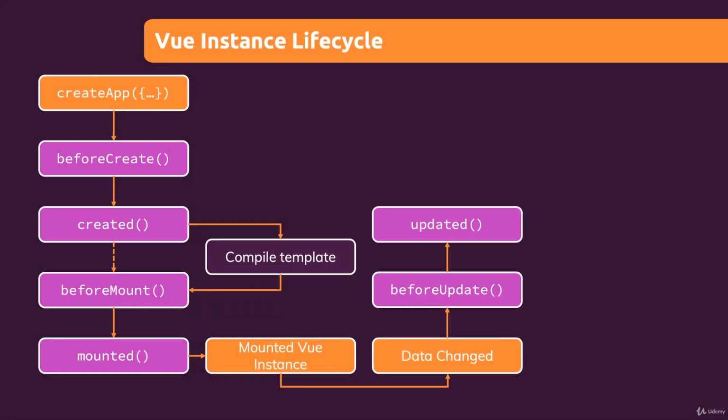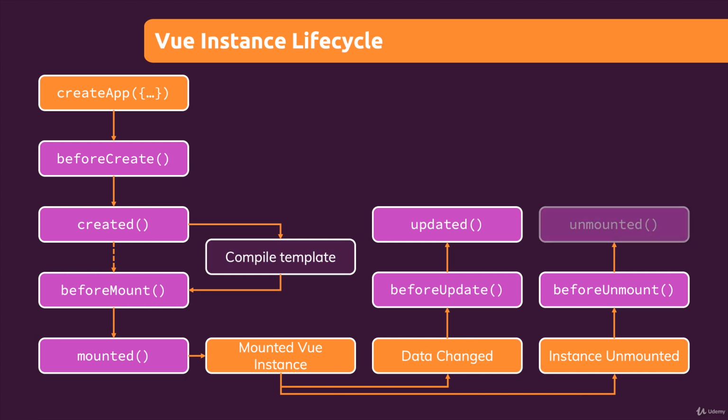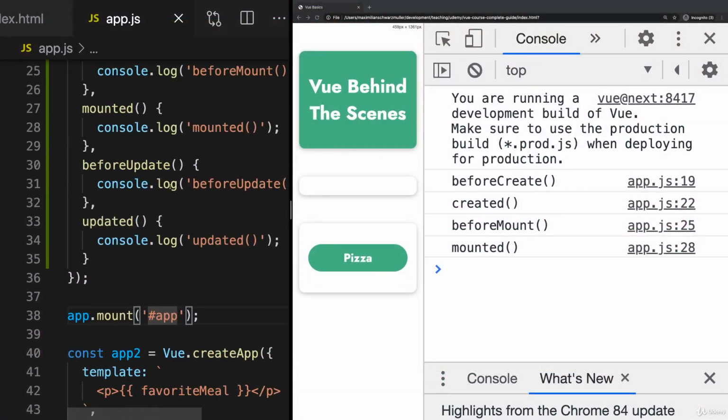Now, as mentioned before, we also can unmount a Vue app, even though we haven't done this thus far. We then trigger the beforeUnmount and the unmounted hooks. And as also mentioned before, this unmounting process will become more relevant later. Nonetheless, let's see it in action now already.